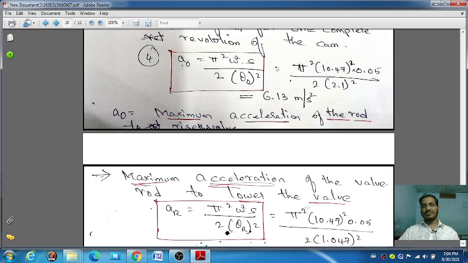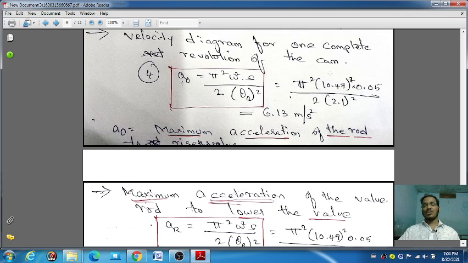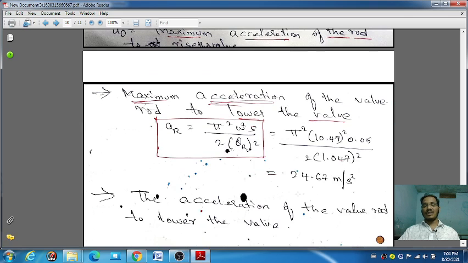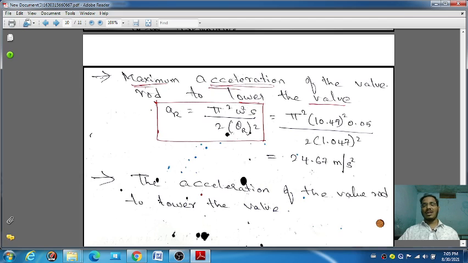Okay, so here you will get the maximum acceleration at the highest point of the follower, and this is your maximum acceleration at the lowest point of the follower. Just substitute all these values and you will get the value.